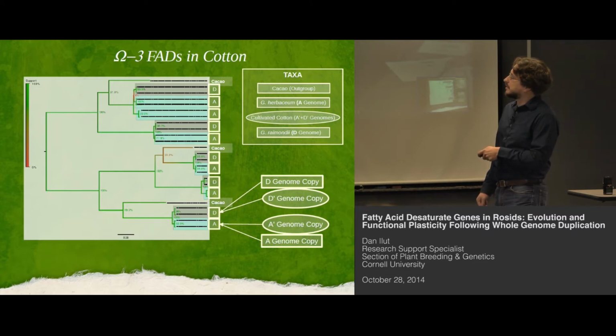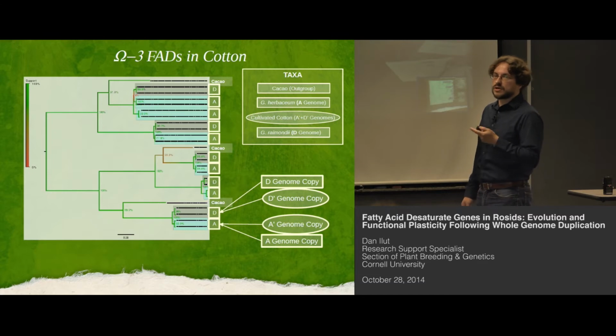Each line points to one of the genes in this phylogeny. So they group together in the D group and the A group, suggesting that all of these copies were generated before the polyploid was formed. Every copy that's found in the polyploid is also found in the corresponding D genome or A genome.